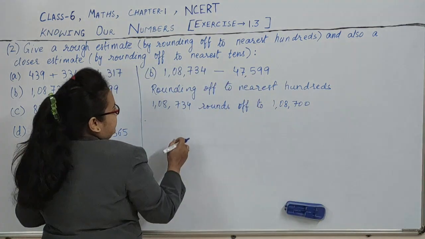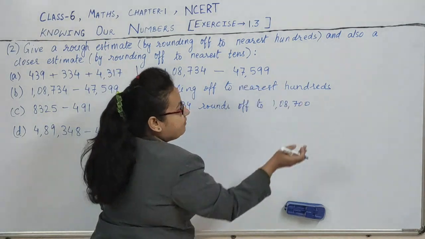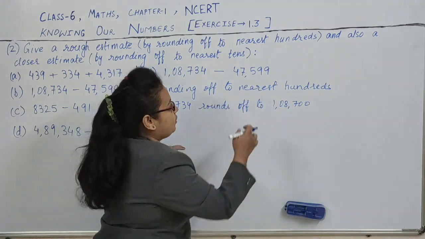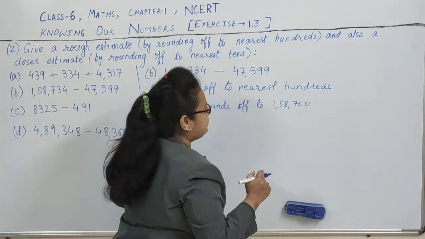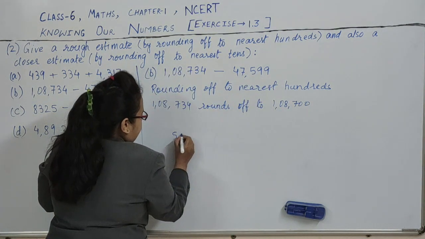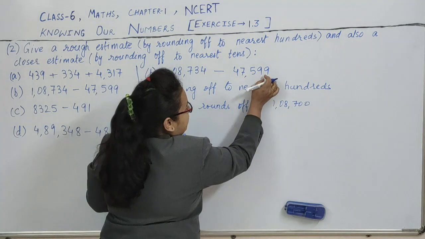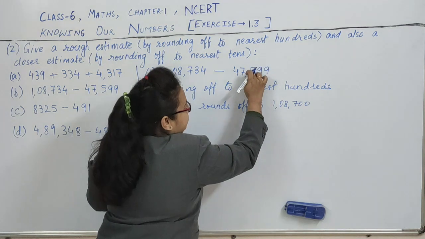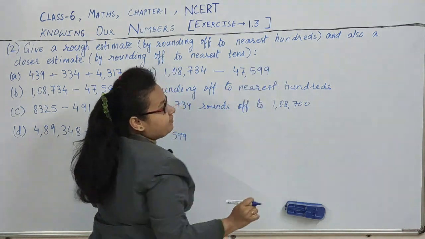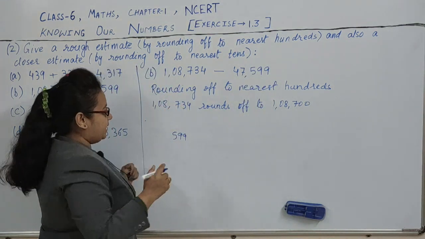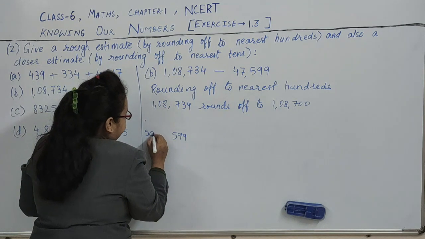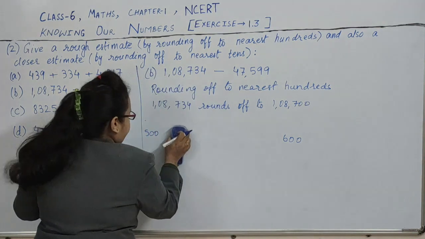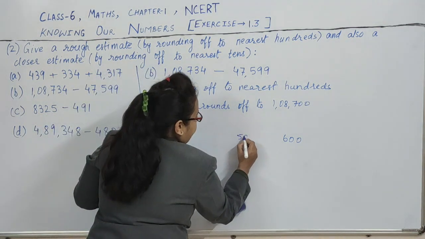Okay, and this one, 47,599 by rounding off to the nearest hundreds. So we will take ones, tens and hundreds digit. Up to hundreds place we will take the digit, and the number becomes 599.